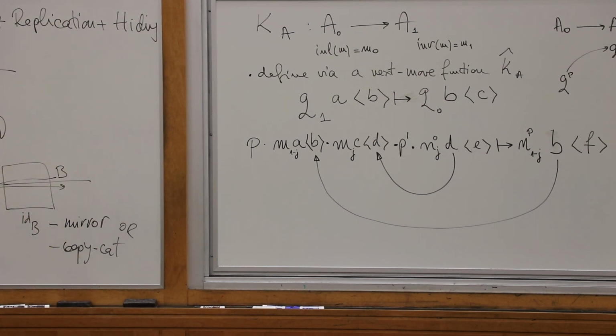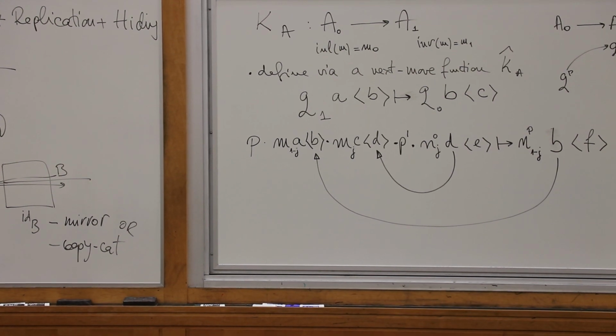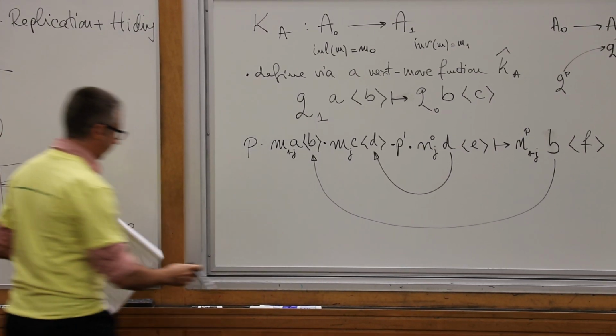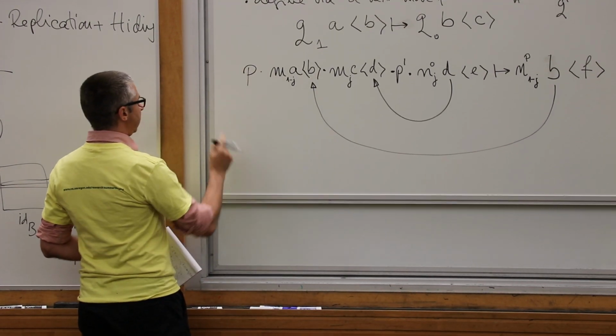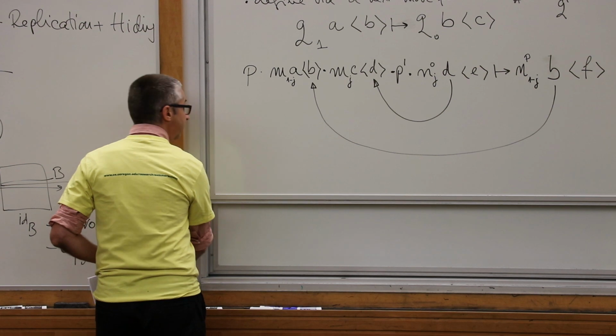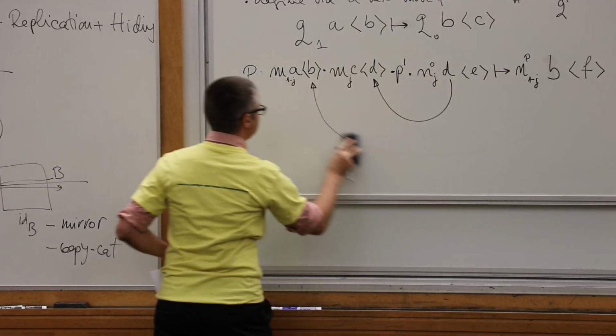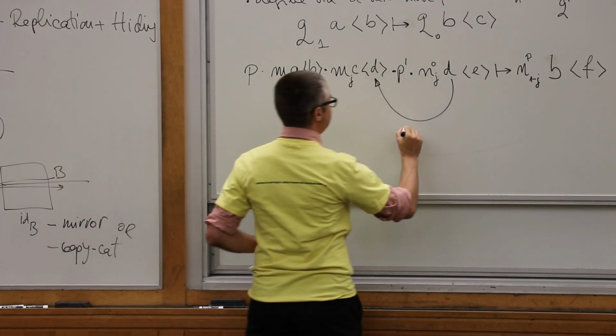So this is how we get the copycat strategy. And we can quickly check that this is what we wanted by, this arrow is taking too much room. Make it a bit tighter.